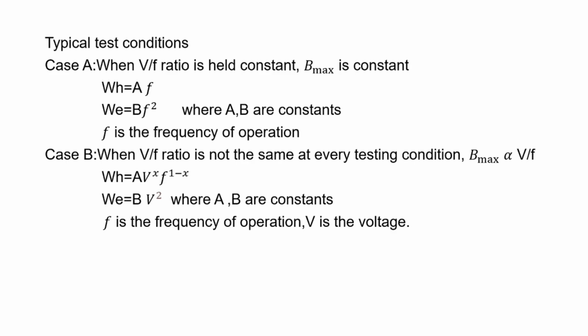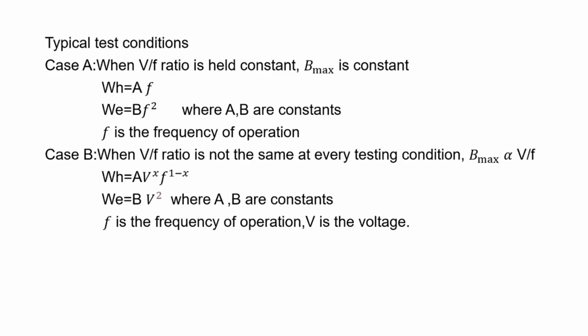Now, case B is the condition in which the applied voltage to frequency ratio is not the same at every testing condition. Therefore, the Bmax term in the expressions of WH and WE also varies in proportion to the V by F ratio.